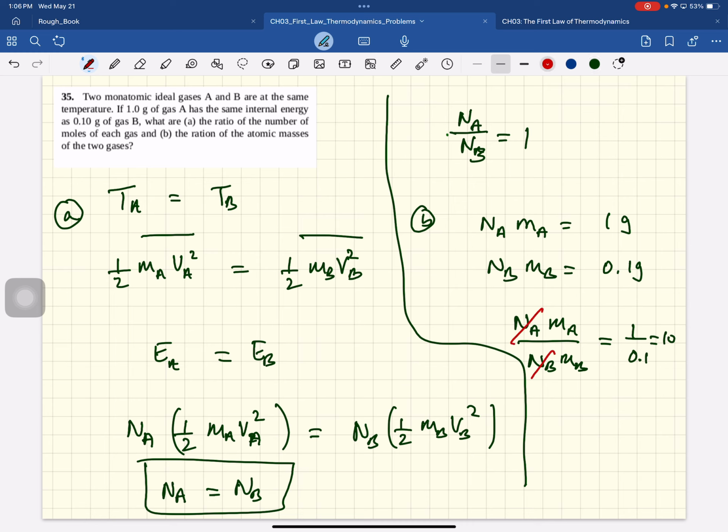But N_A equals N_B. So what are we saying? The atomic mass of gas A is 10 times that of B. So the mass of A is 10 times heavier than B. So argon and helium.